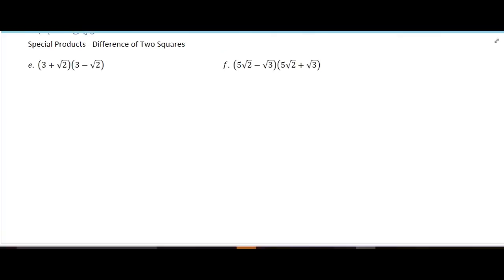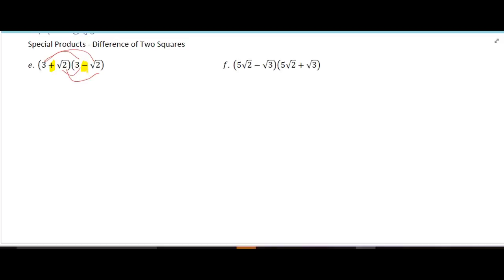These look a bit trickier, but they're actually a little bit easier, because when you multiply these out by FOIL, normally you get four terms if you multiply this out the longhand way. What will actually happen, because you've got a plus here and a minus here in exactly the same expression, is that the two middle terms cancel out.